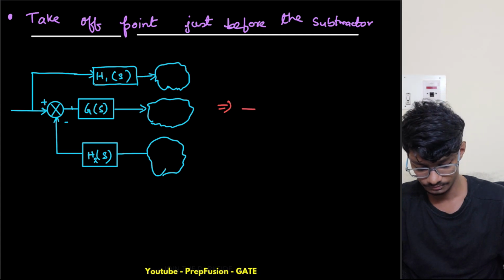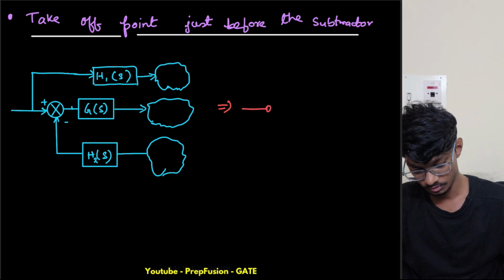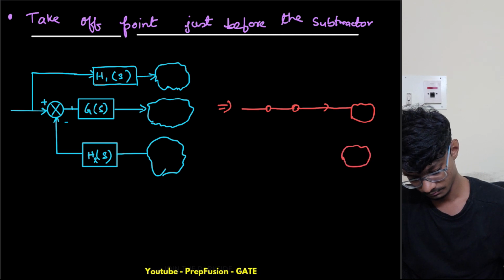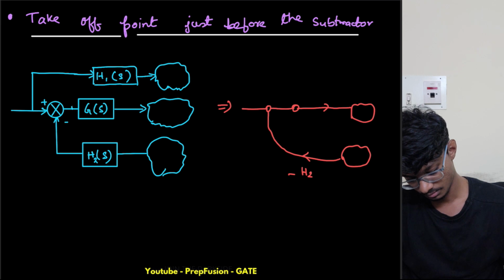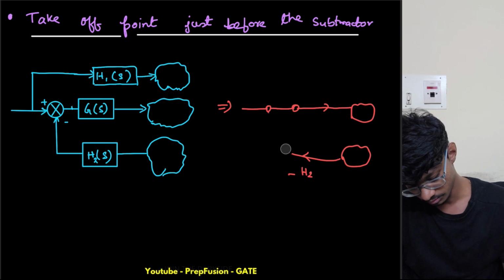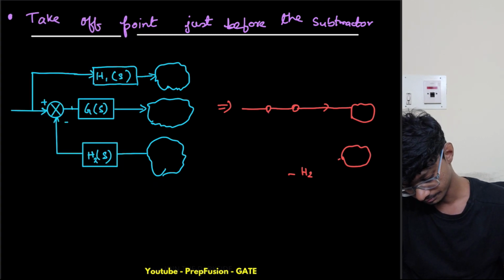So what will this become? Assume this as a different node and this subtractor as different. Now this is going to a different block. Minus h2, this is different, okay. No, this is not going here, this is not the summer, this is just the takeoff point, right? So this will go here only.